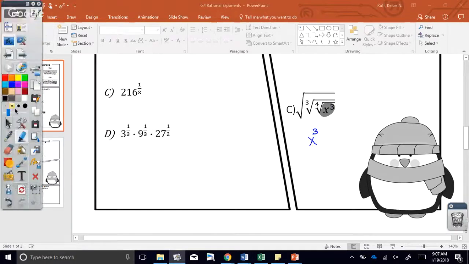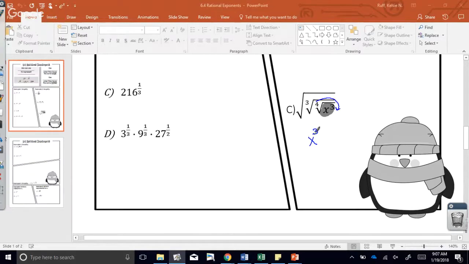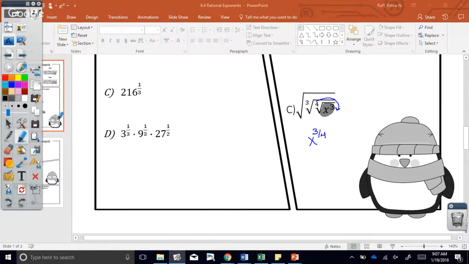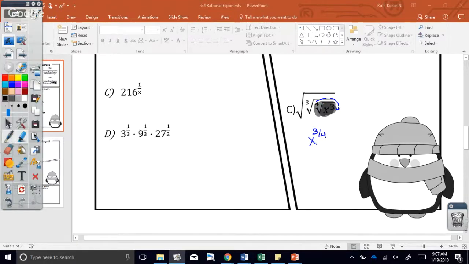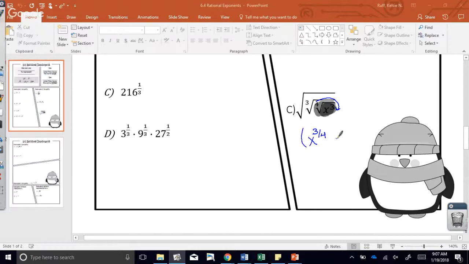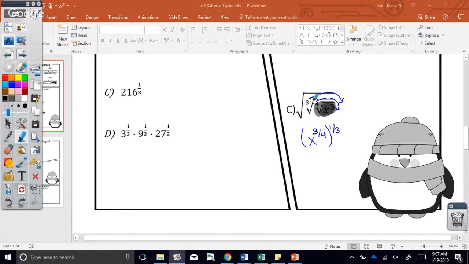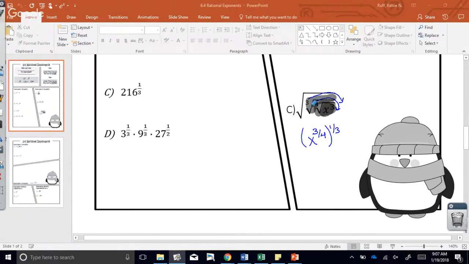I now have a fourth root, and the fourth root, we know if we want to rewrite it, becomes a fraction. We can ignore the fourth root. I've got a second piece, and it is a cube root. So again, the cube root is going to become a fraction. We can ignore the cube root. We've taken care of that.